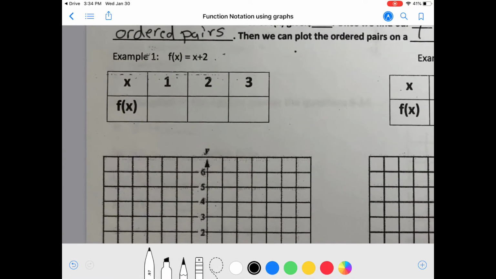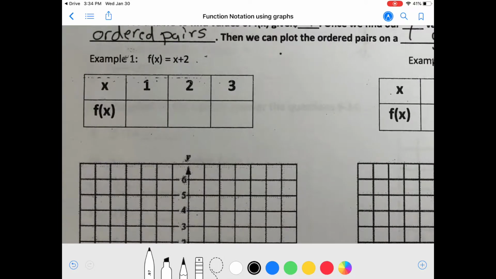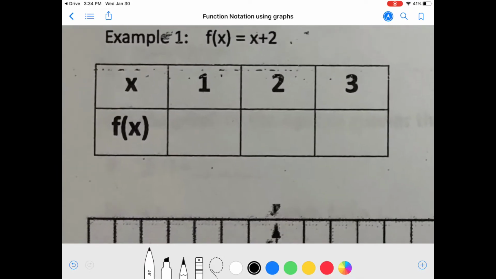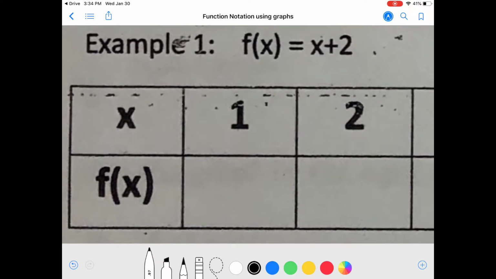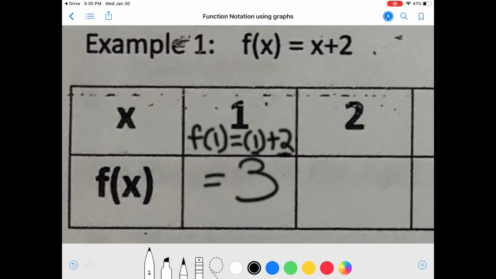So we're going to be given f of x equals x plus 2. We're going to substitute in our x values that are given. I'm going to zoom in a lot because I want to make sure that we can do this by hand. So we've got f of 1 equals 1 plus 2. So 1 plus 2 gives me 3.